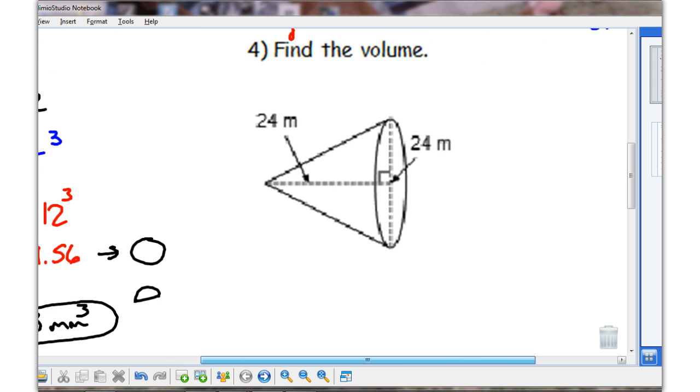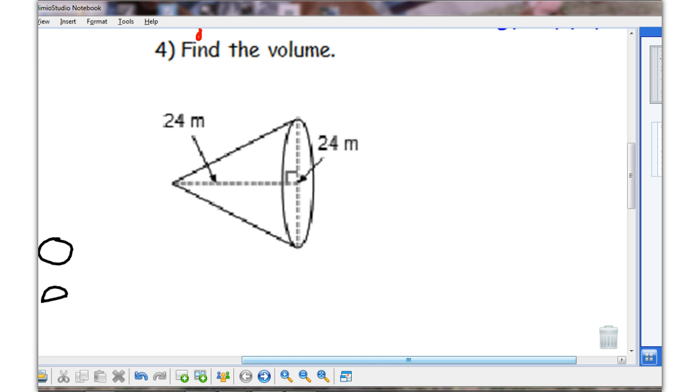Number 4, we have to find the volume of a cone. So for the cone, the formula is, and remember this, 1/3 pi r squared h. The only difference between a cone and a cylinder is a cone will fill up a cylinder 3 times. So the 1/3 is why that one's there for the cone.